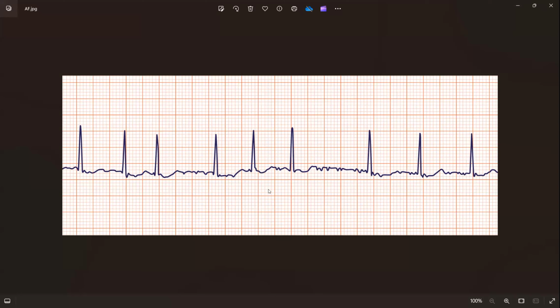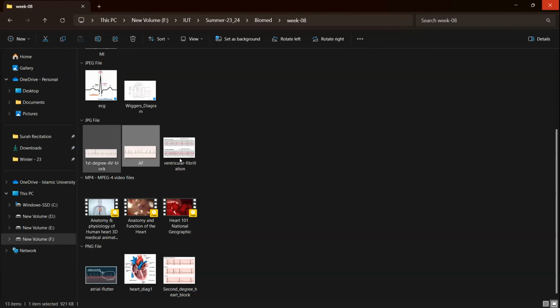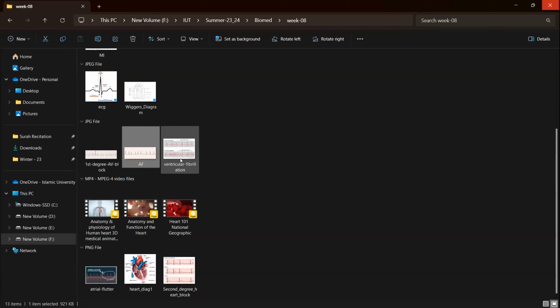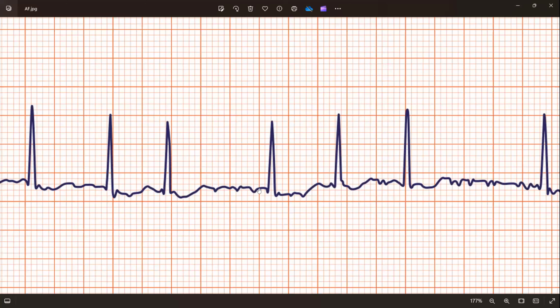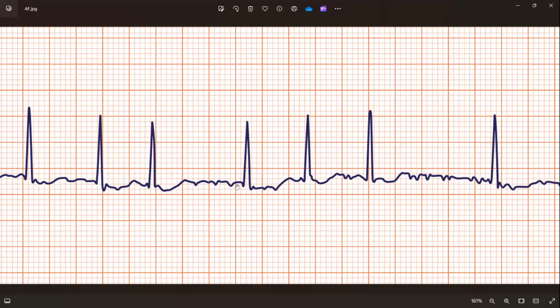Okay, so this is atrial fibrillation. If you look at this one, in your PQRS, before Q the P should be very clear, but you can barely find the P wave here. So that's why I wrote the P wave is barely visible or almost missing.